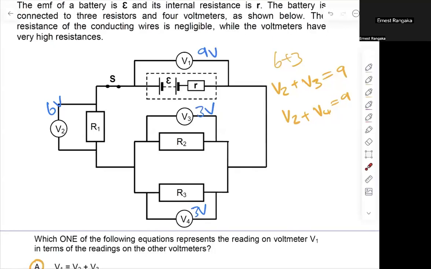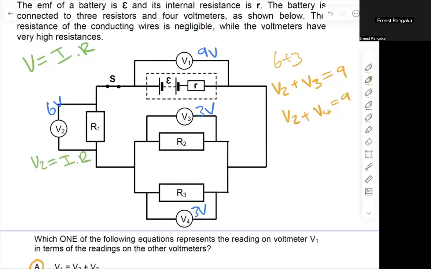Remember, it's down to the resistance, it's down to the current, right? We need to go back and think about the fact that V is equal to I times R. So if the current through R1 is I, and the resistor R1 is R, then in this case the voltage V2 is going to be I times R.